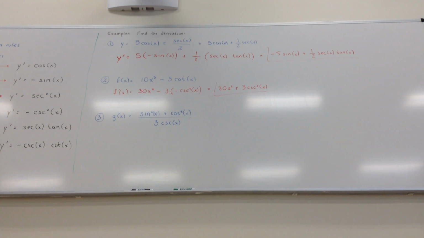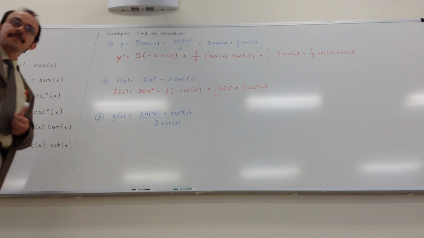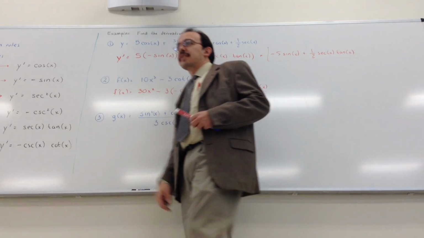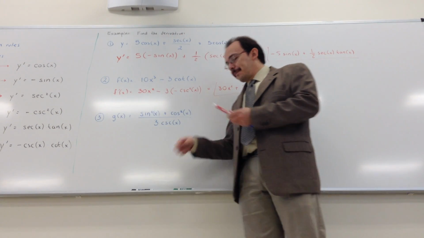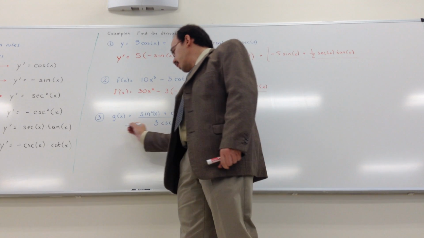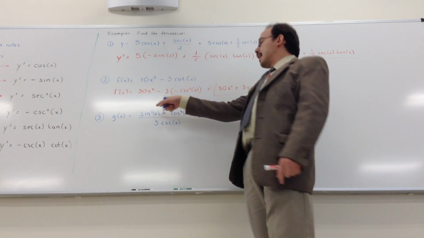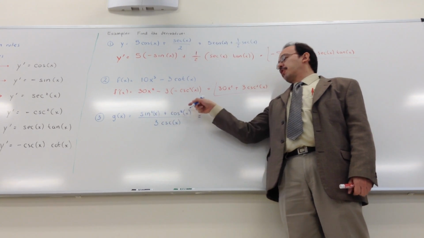Sine square of x plus cosine square of x is a formula, equal to 1.